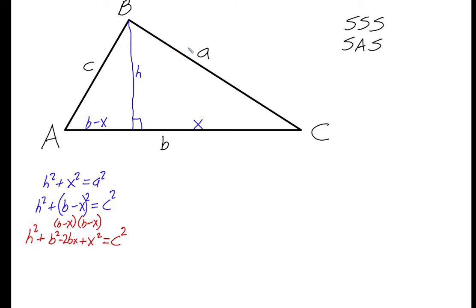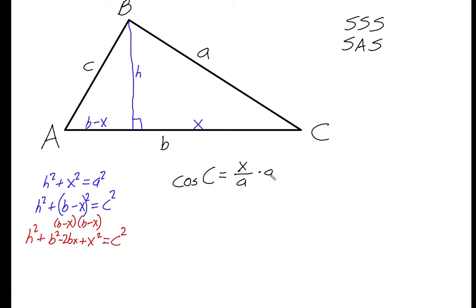We also have, over here in this triangle, I'm going to use SOHCAHTOA, and I'm going to say that the cosine of angle C is equal to x over a. We could do that over here with this triangle too. We could talk about the cosine of angle A, but I don't want to because this is going to be enough. So I've got cosine of C equals x over a.